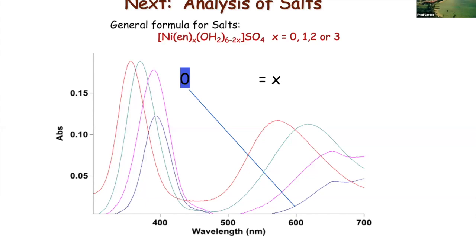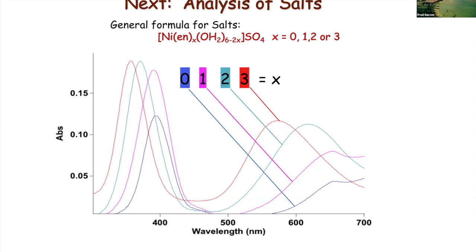And this is for X equals 0, so that would be your nickel sulfate hexahydrate, that's your starting material. This spectrum right here is when there's only 1 ethylene diamine. This right here is when there's 2 ethylene diamine. And this right here is when there's 3 ethylene diamine.